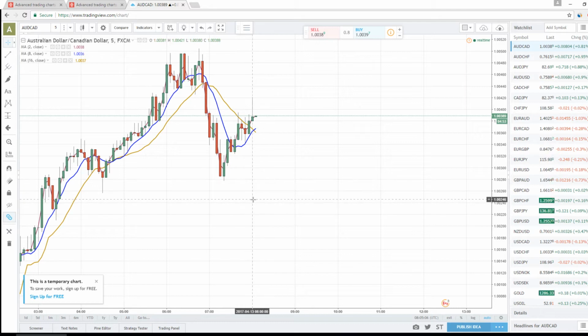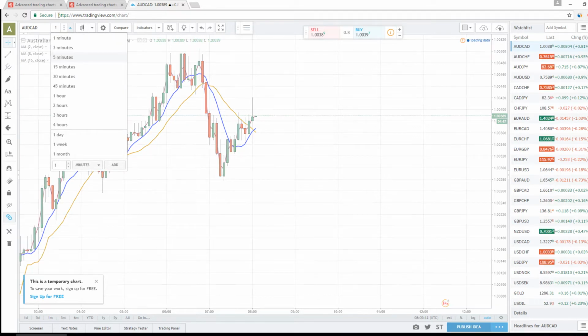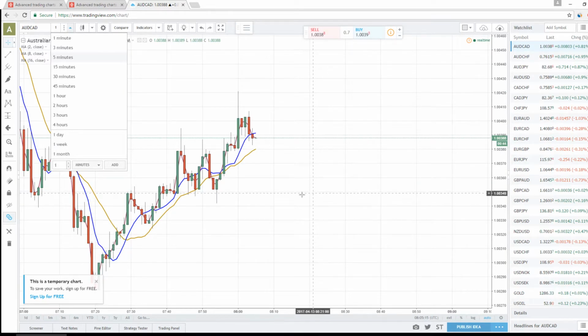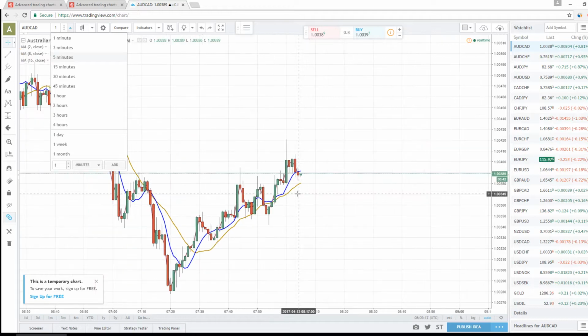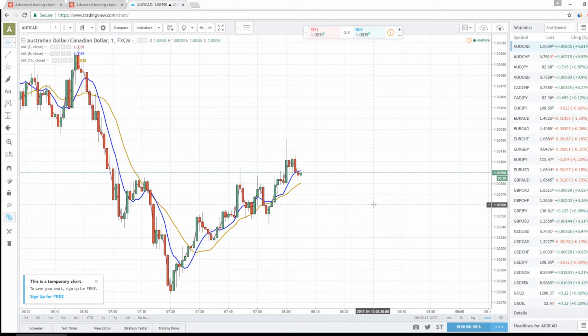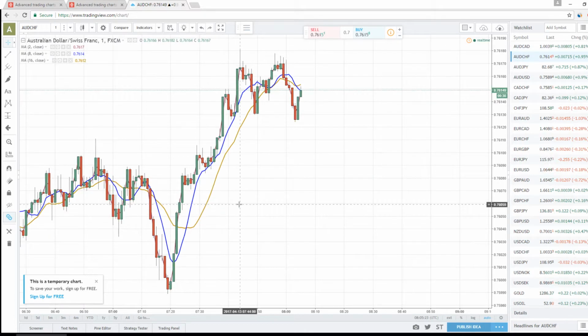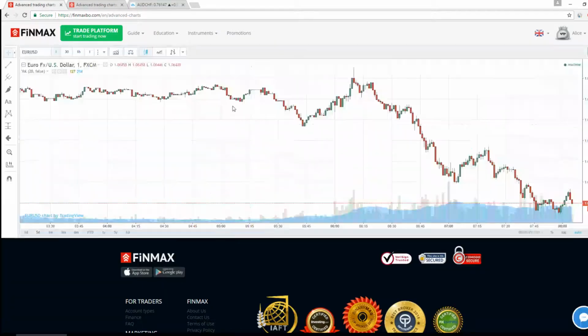Right now we're going to start switching between assets and see what trades we can open. Right now there is a pretty interesting situation on Australian dollar to Swiss franc.